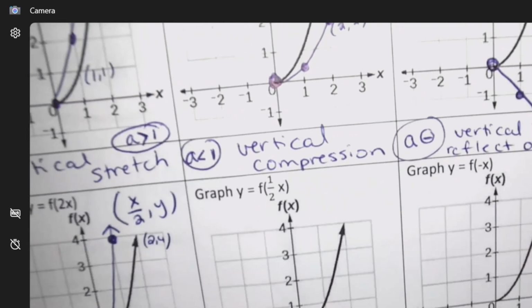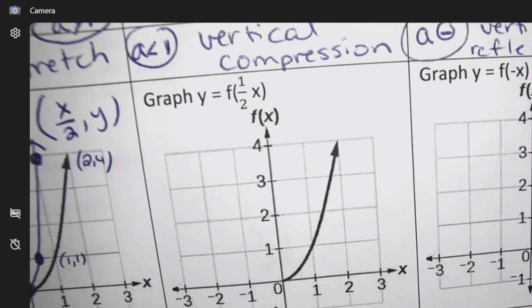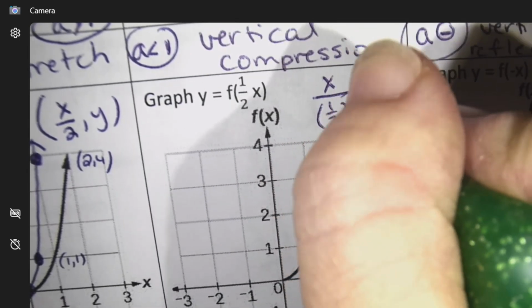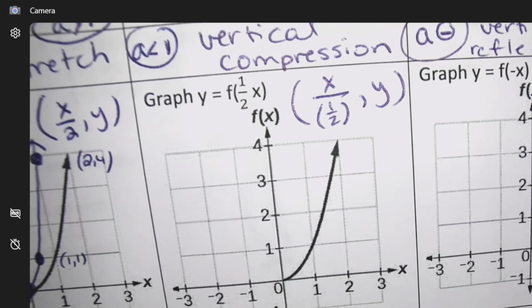All right, so let's check this out. What if b was a half? So x divided by a half. Does anybody know what the exact same thing of dividing by a half is? It's multiplying by 2. Because when you divide by a half, what do you have to do? You have to flip and multiply.